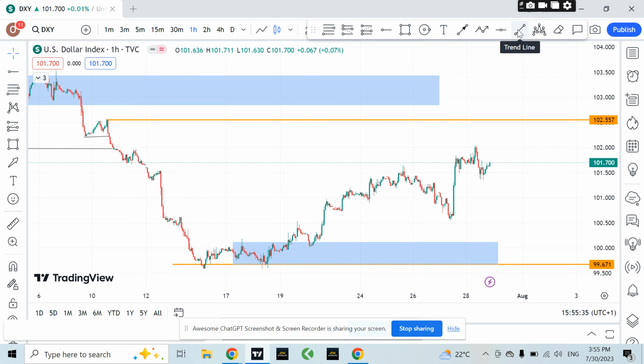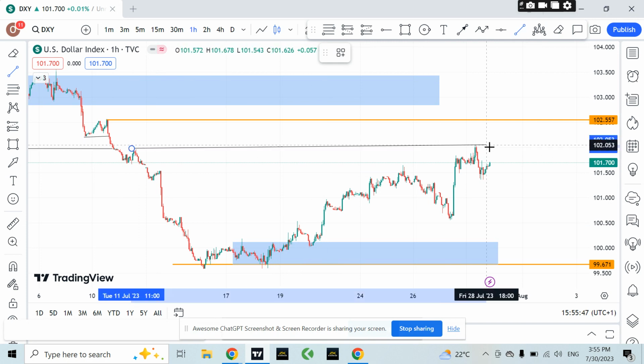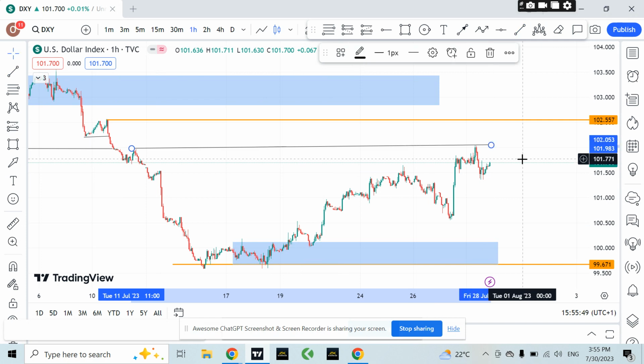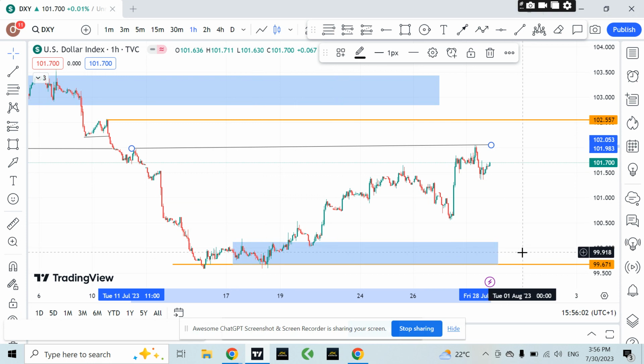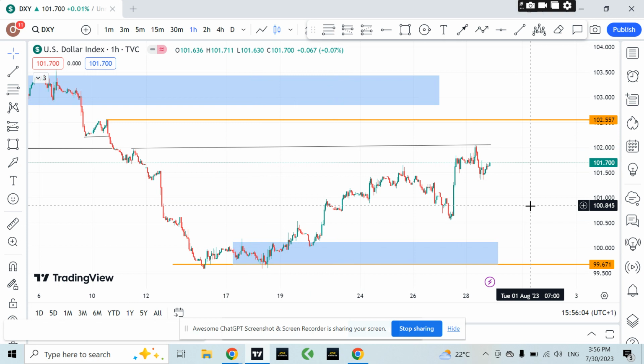Liquidity lies at the zone, meaning that if the market clears this and taps in here, you can look for some sells to get back to this demand zone down.